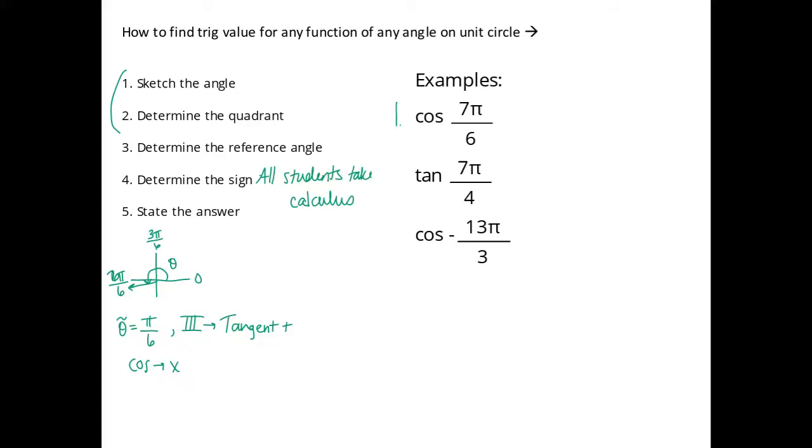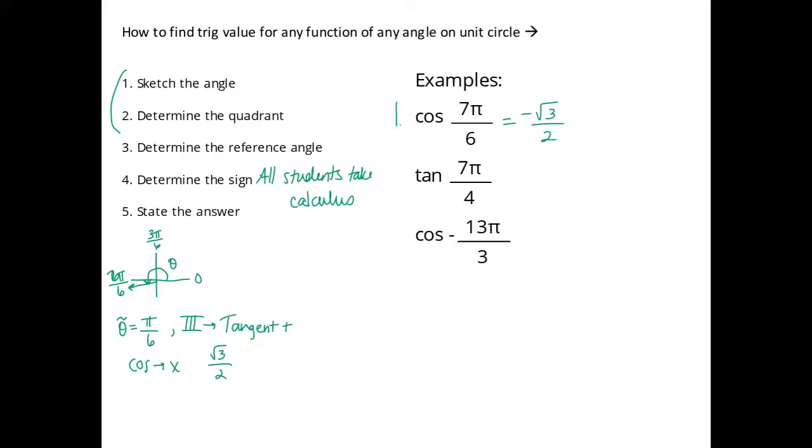Hold down your pi over 6. The top number of fingers is 3, so the x is root 3 over 2. And since tangent is the positive trig function in quadrant 3, that implies that the cosine would be negative. So negative root 3 over 2 is going to be our value for 7 pi over 6.